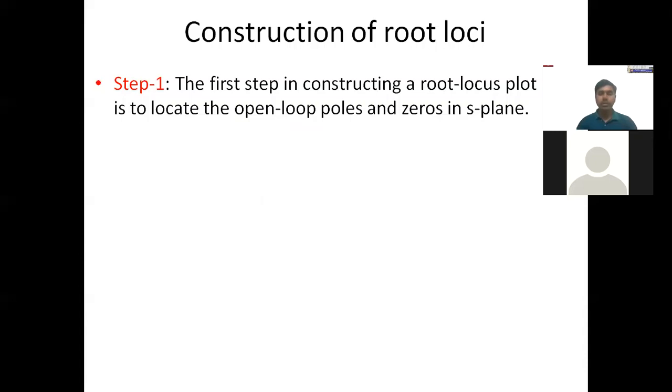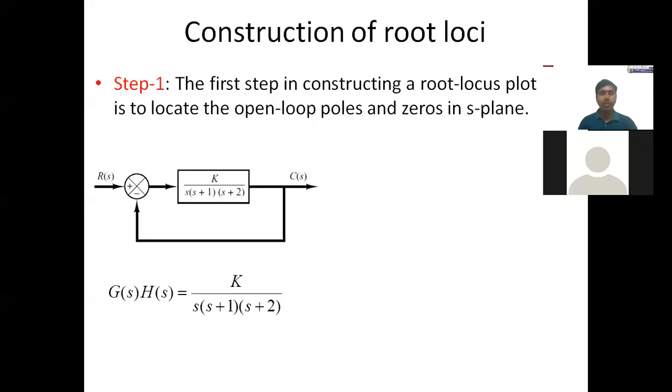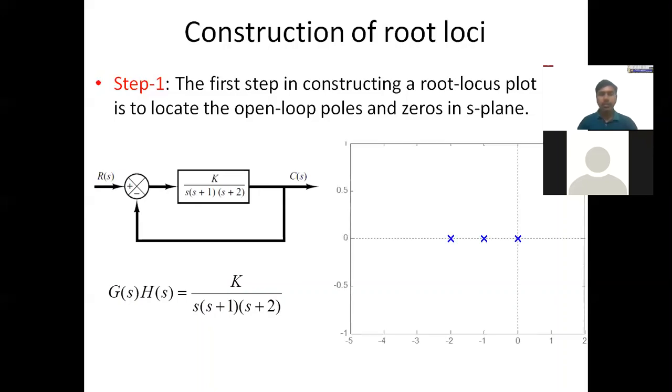So how to construct this root locus? The first step in the root locus construction is to locate the open loop poles and zeros on the S plane. For example, take this system, where the open loop transfer function is K by s into (s plus 1) into (s plus 2). We have placed the poles.